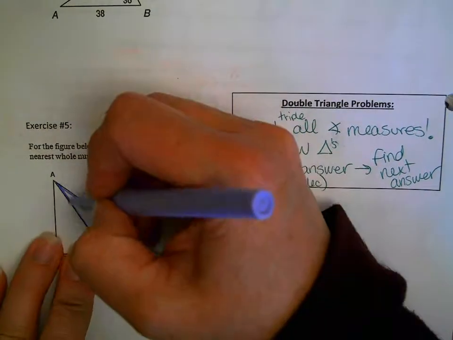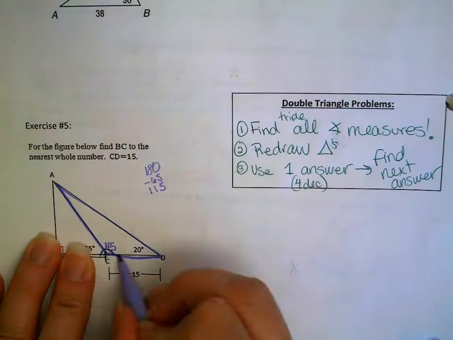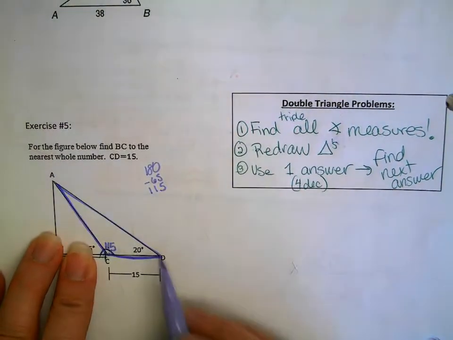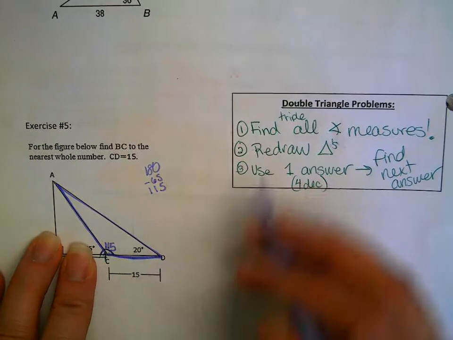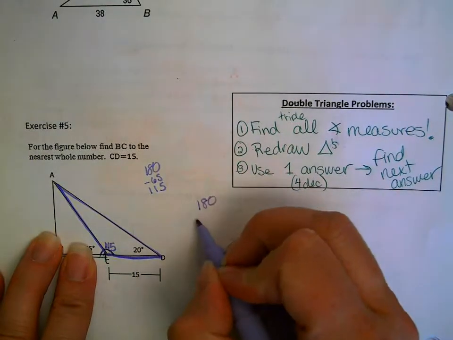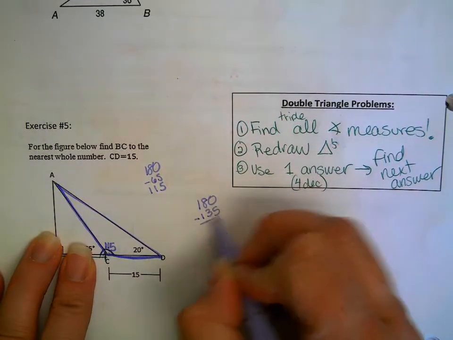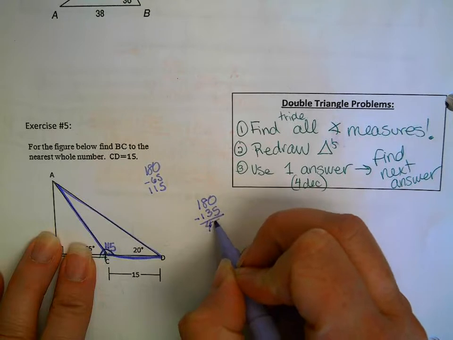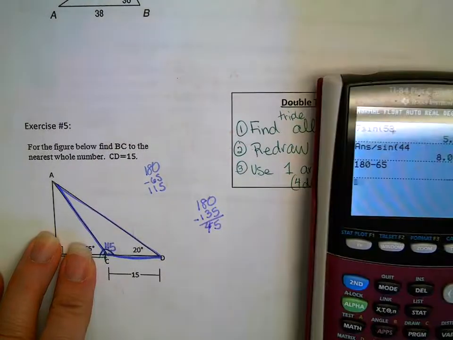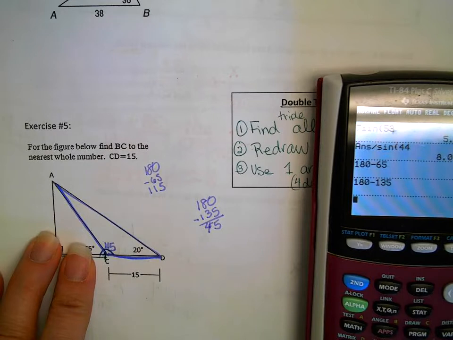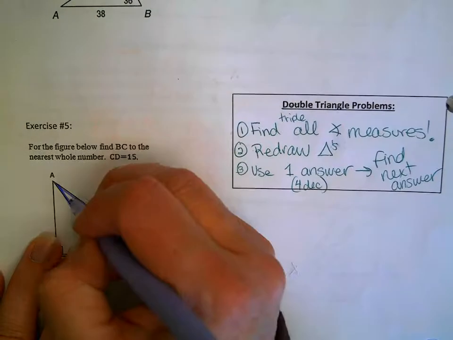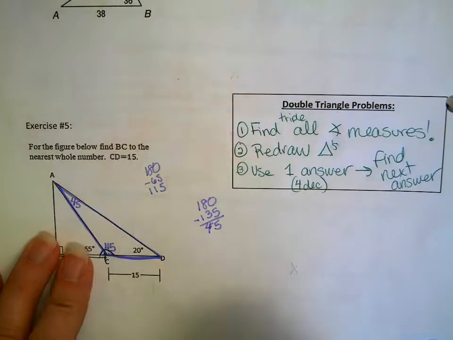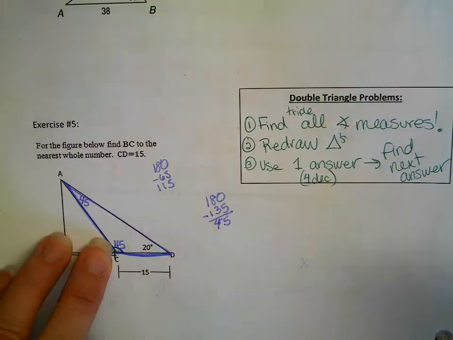Now that purple triangle, I have two of the angles for. If that angle is 115, and this angle is 20, 180 minus 135 leaves us with 45 degrees, I believe. 180 minus 135 is 45 degrees for this teeny tiny piece up here. So I have those three angles.